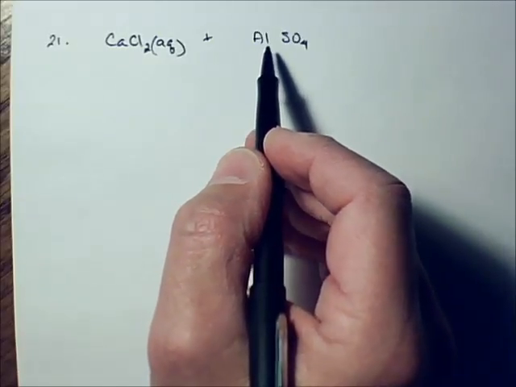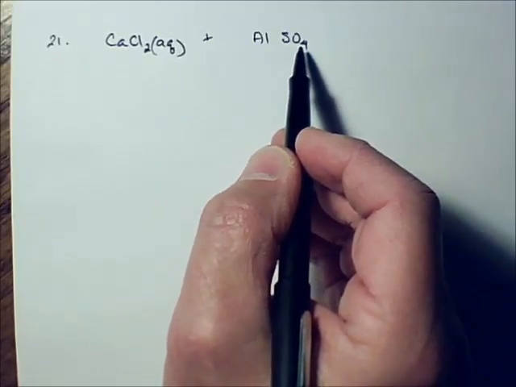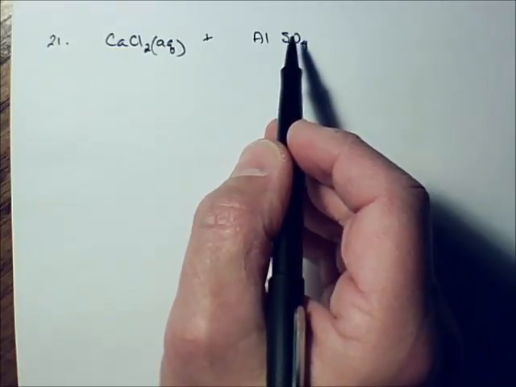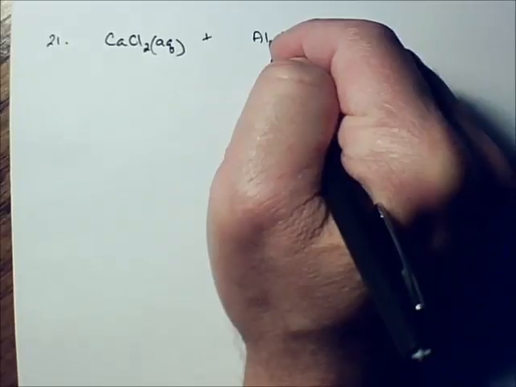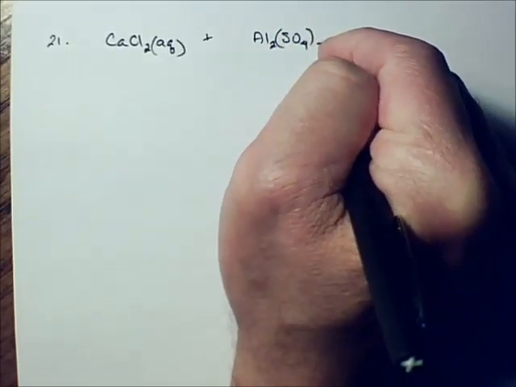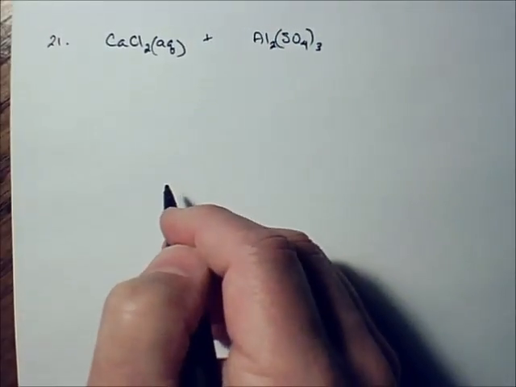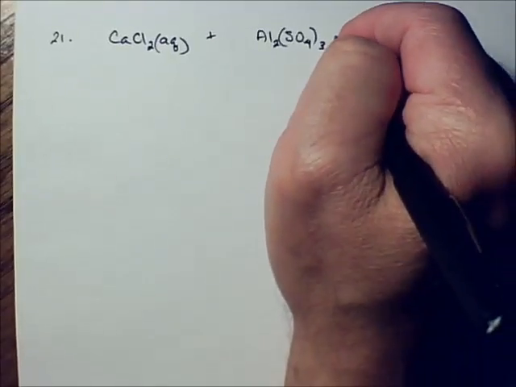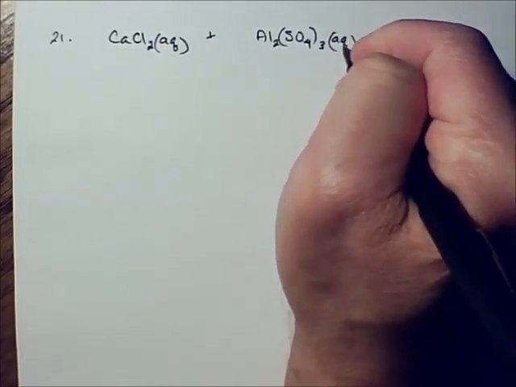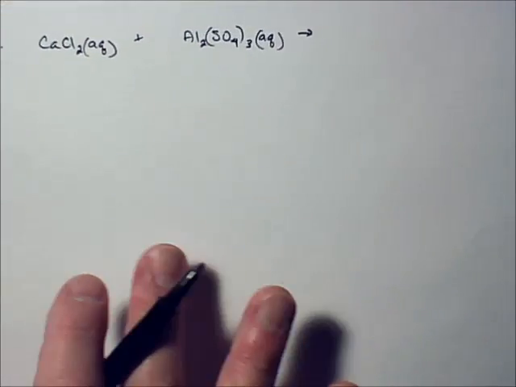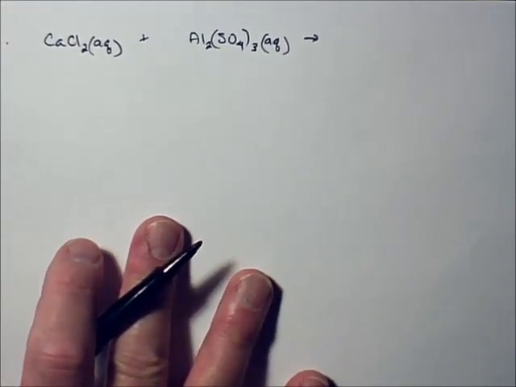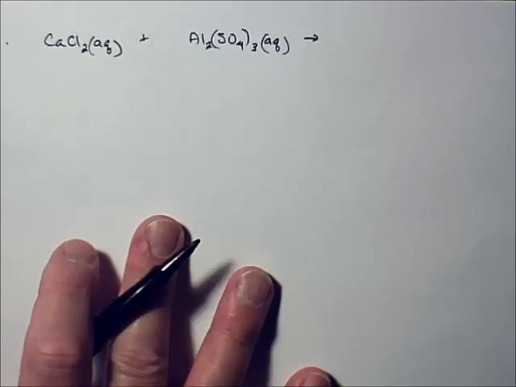If I have a particle with a 3+ charge and a particle with a 2 negative charge, the only way to get the overall compound to have a 0 charge is if I have 2 of these and 3 of these. And it says it's dissolved in water, so you can be pretty certain it's going to be aqueous. Now, it wouldn't be a bad idea if you double check that in your solubility rules, but you can be pretty certain of that based on the description.